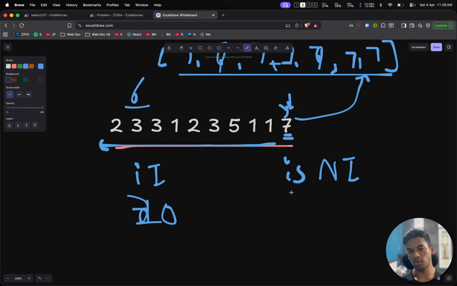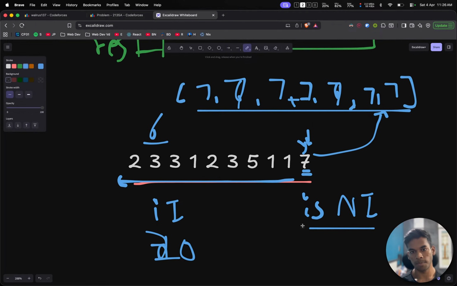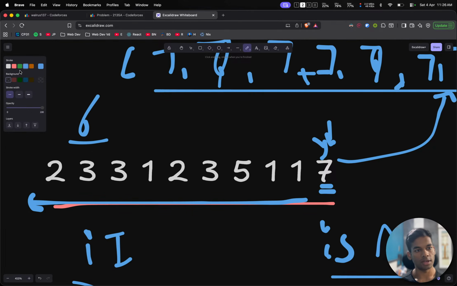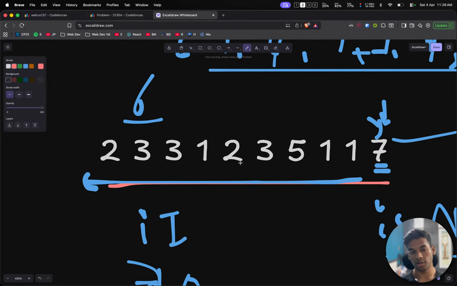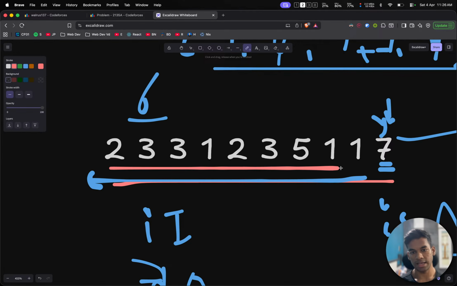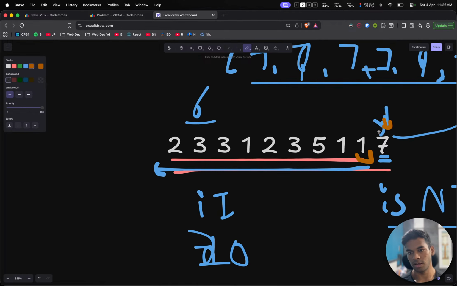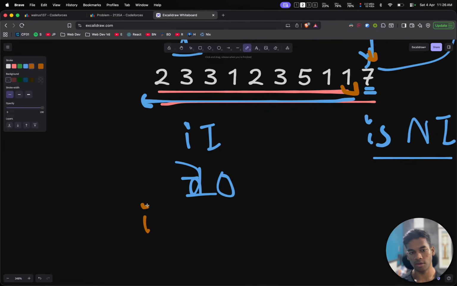But if we do not include 7, in that case, we just need to find out what is the best answer in this subsequence, in this subarray. And here, to find the best answer in this subarray, we just do the same process with this one that we did with 7. With this one, either it is included or is not included.